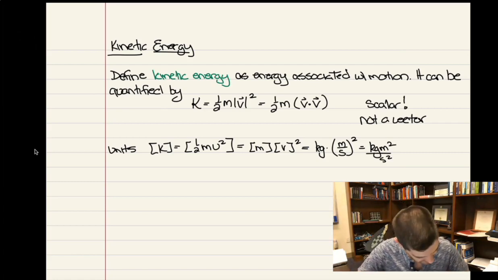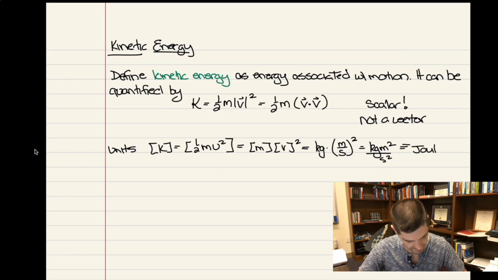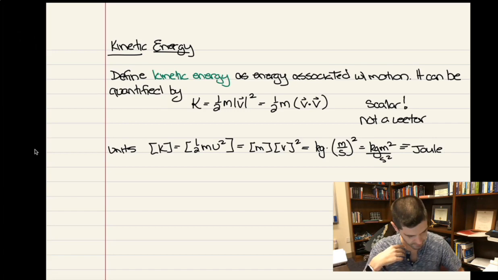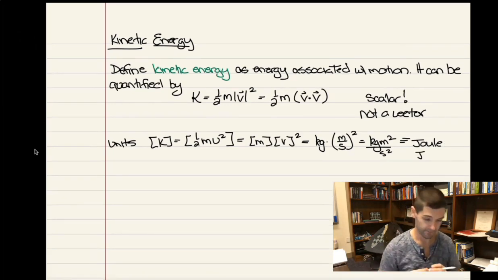Energy has become so fundamental that we give this thing its own name, similarly naming it after a physicist that studied energy in great detail. We call this the joule, or joules. J, after James Joule.